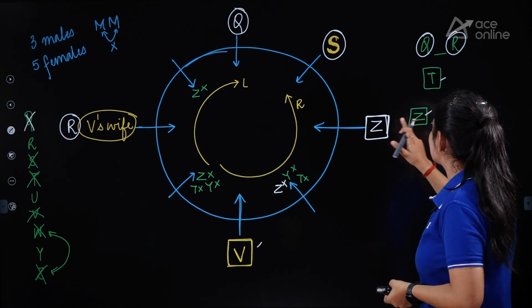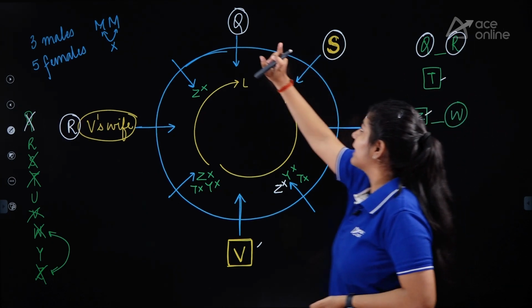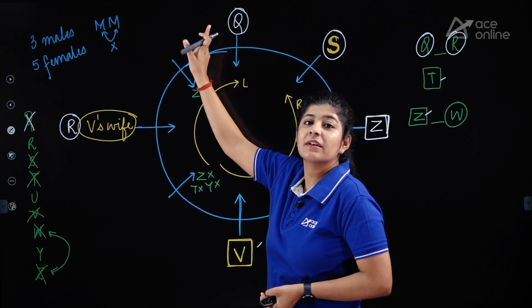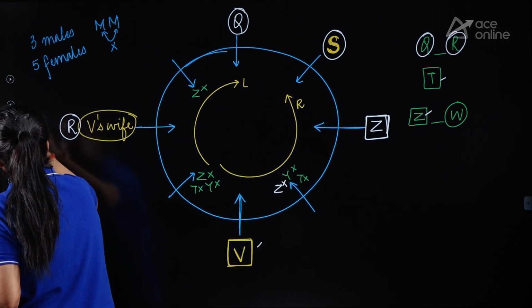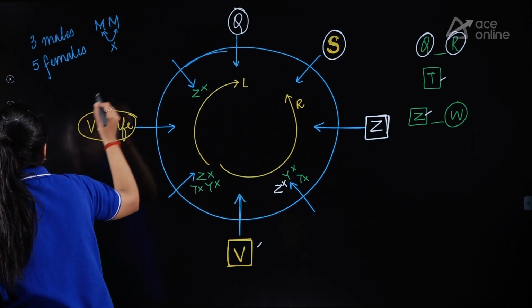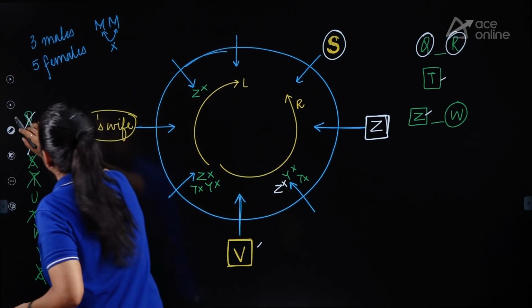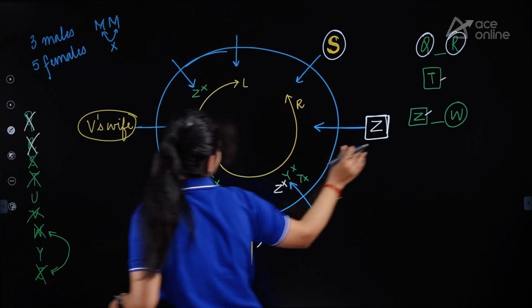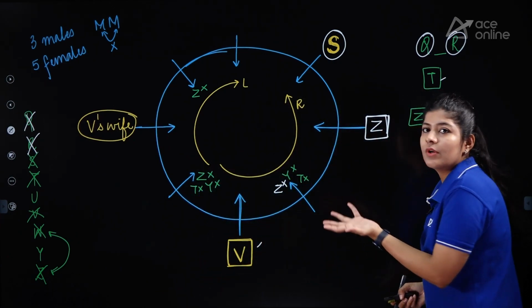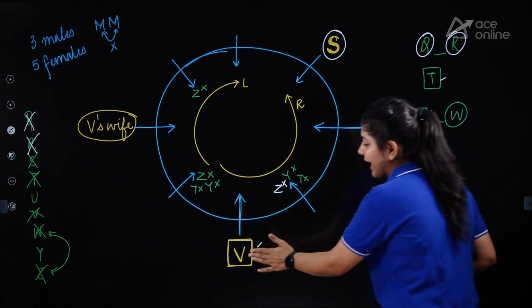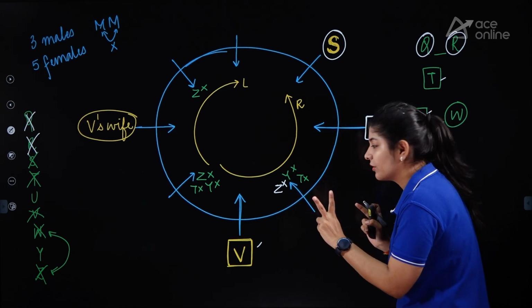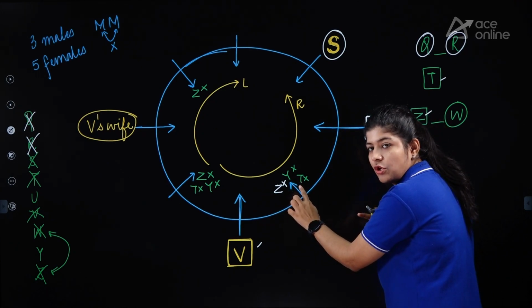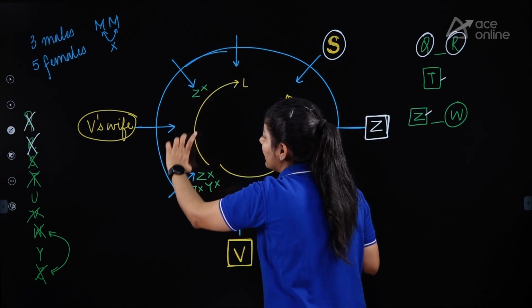Now, if Z is here, then this place should be occupied by W, not Q. So we can say that here R is not the wife of V. With the help of this clue, because there is no other place left for Z, we can't place Z over here because he is male and no 2 males can sit together. So this position is also eliminated. We can't put Z over here.